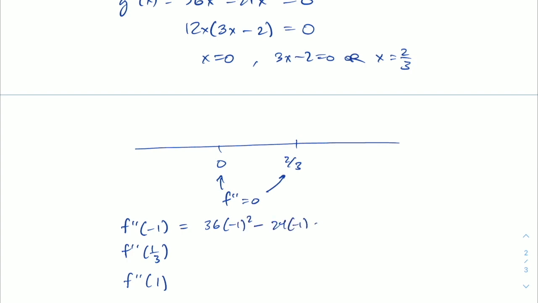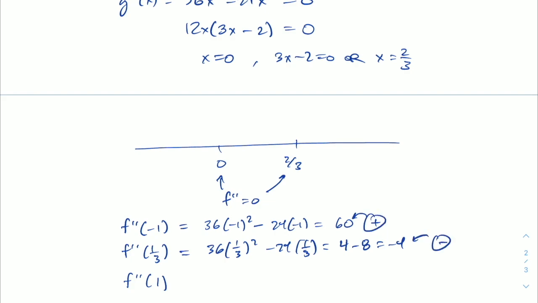Negative 1 results in 60, which is a positive number. Putting in 1/3, we get 4 minus 8, which is negative 4, a negative number. If we put in 1, we get 36 minus 24, which is 12, a positive number. So the second derivative is positive before 0, negative after 0, and positive after 2/3.